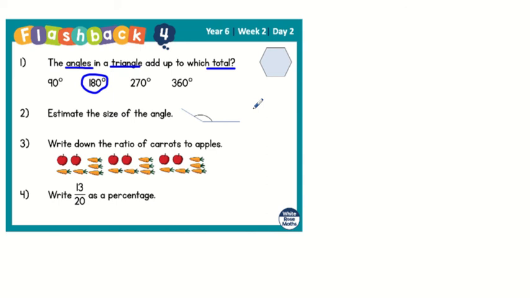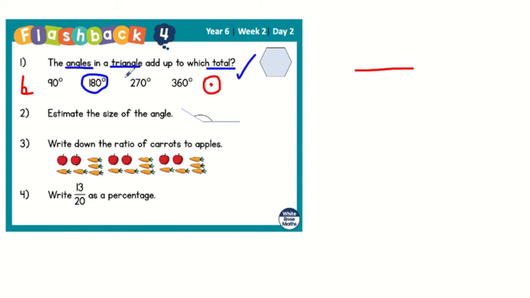Hopefully then you've remembered that and you can give it a neat little tick. We'll just have a quick reminder, 90 degrees is our right angle. 180 degrees, you can also have 180 degrees in a straight line. We reviewed that yesterday, didn't we? And 360 degrees would be a full turn.